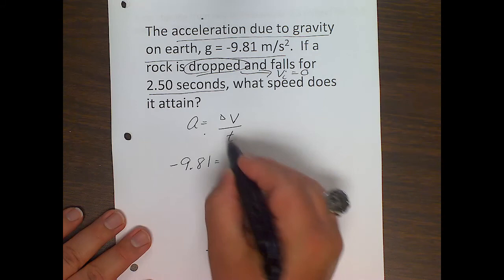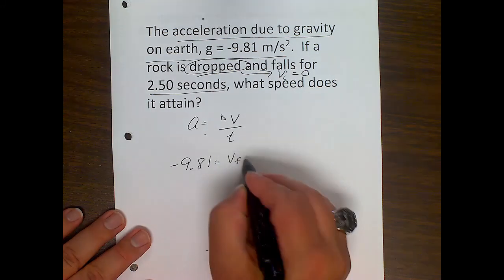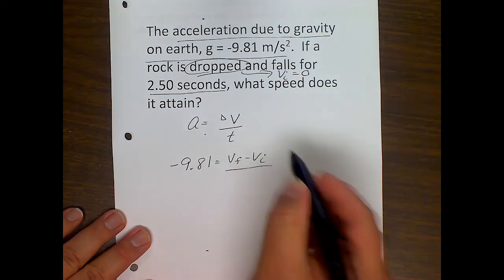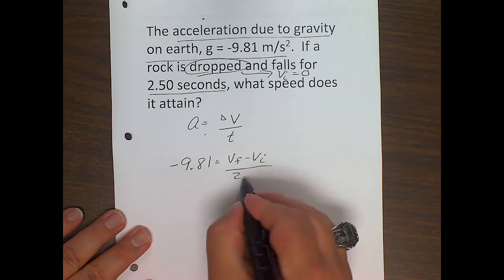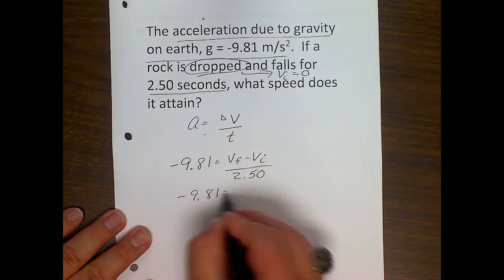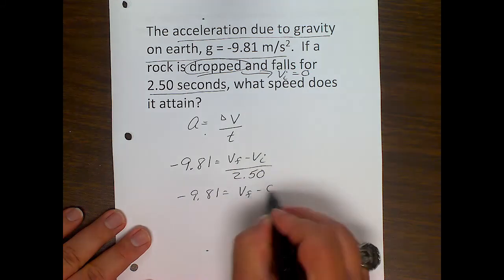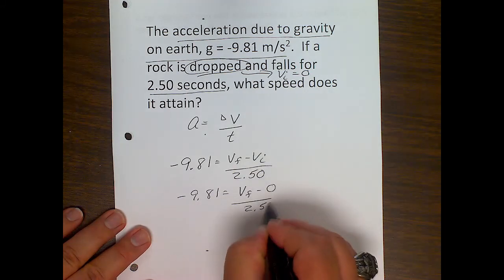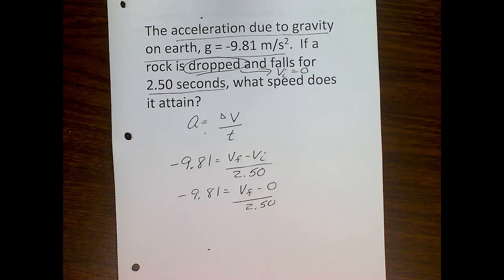Okay, so we have a delta V, so that's a VF minus VI, and we have a time of 2.50. Now I'm going to go ahead and make one more substitution here. VF minus 0 over 2.50. All I need to do here is multiply.